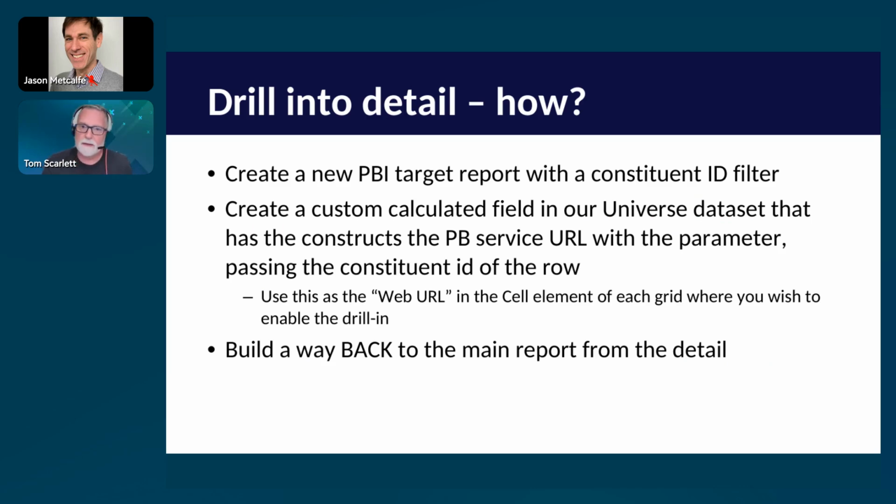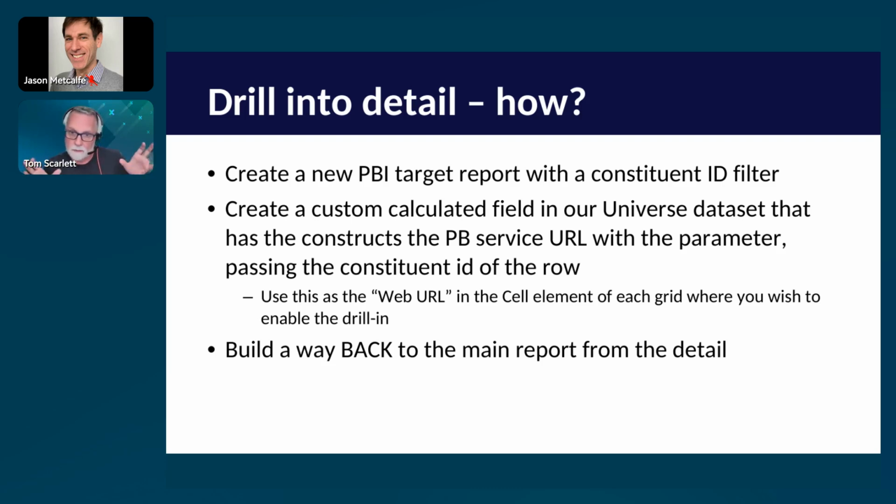We didn't want to use the drill through in Power BI. So the mechanism that Matt came up with was to create a second dashboard report, basically. And the key was it had to have a filter on it for a constituent ID. And I'll come back to that in a second.